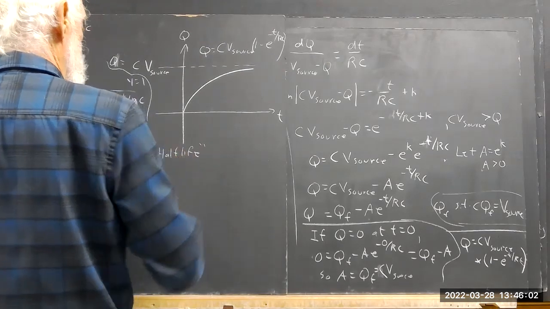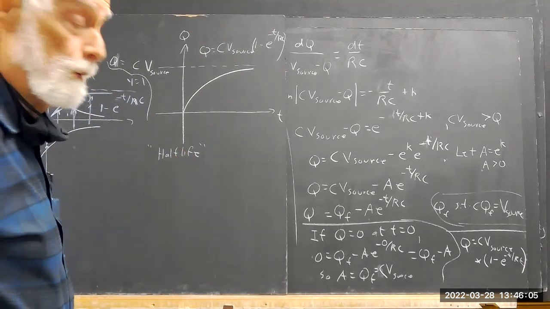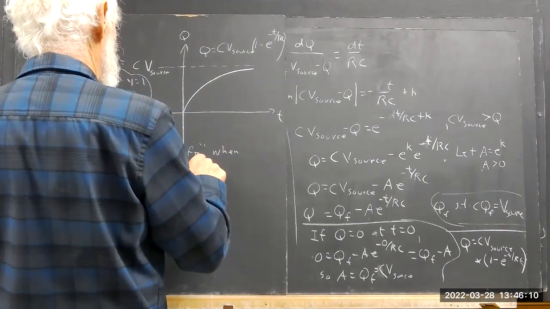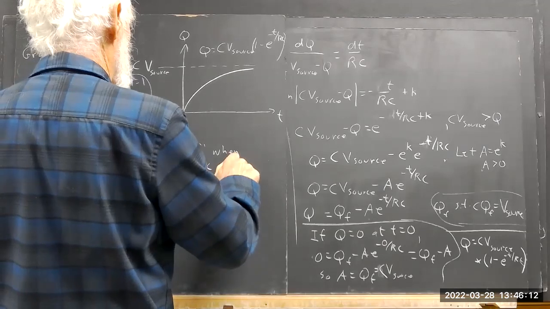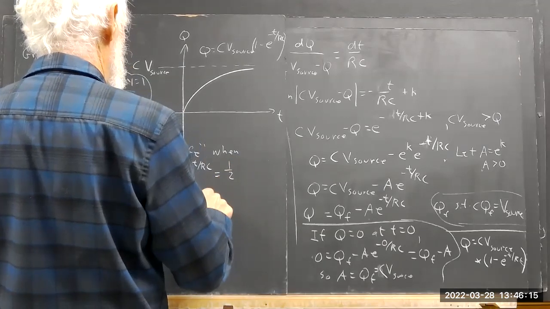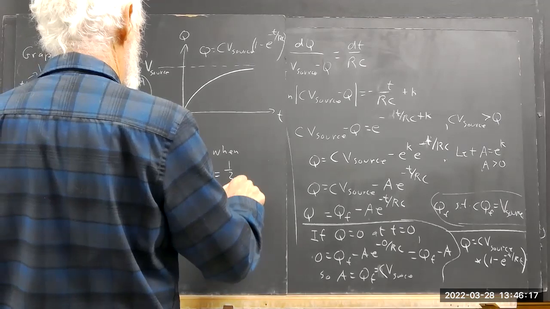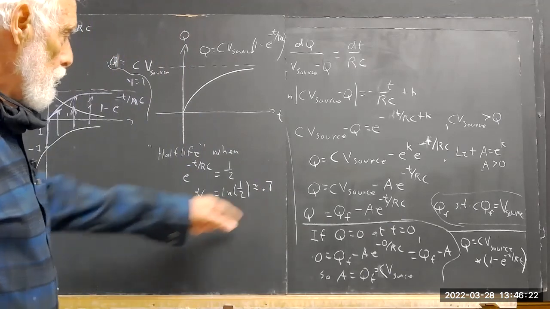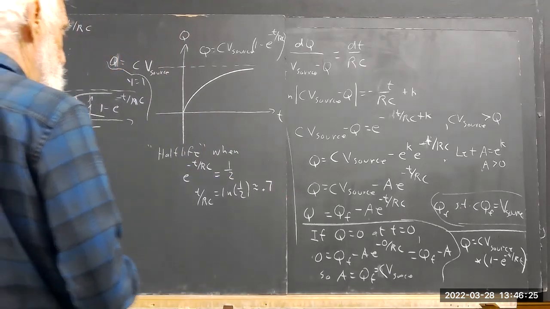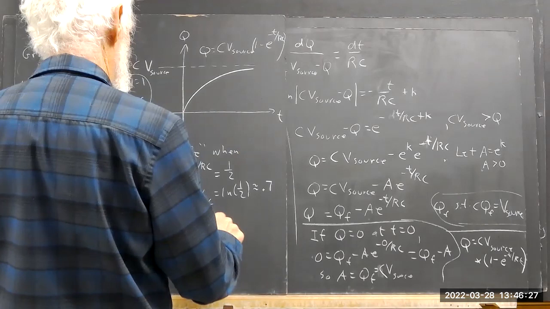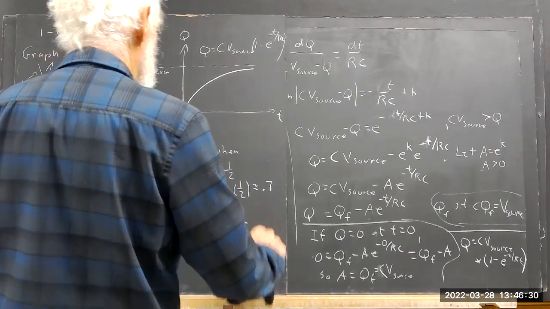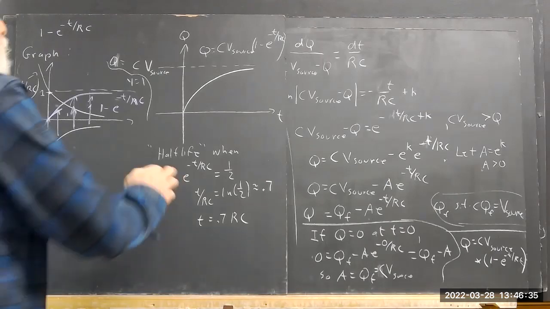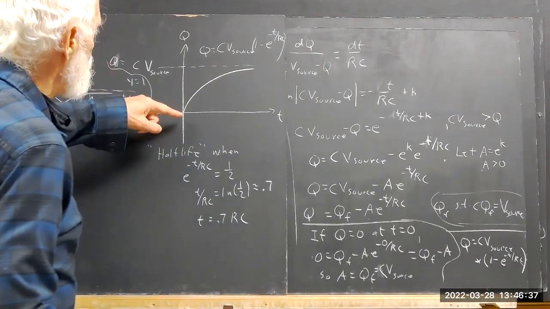Not actually half-life in this context, but same idea. Negative log of half is about 0.7, so t is 0.7 RC. So by half-life, we mean we go halfway from here to here.